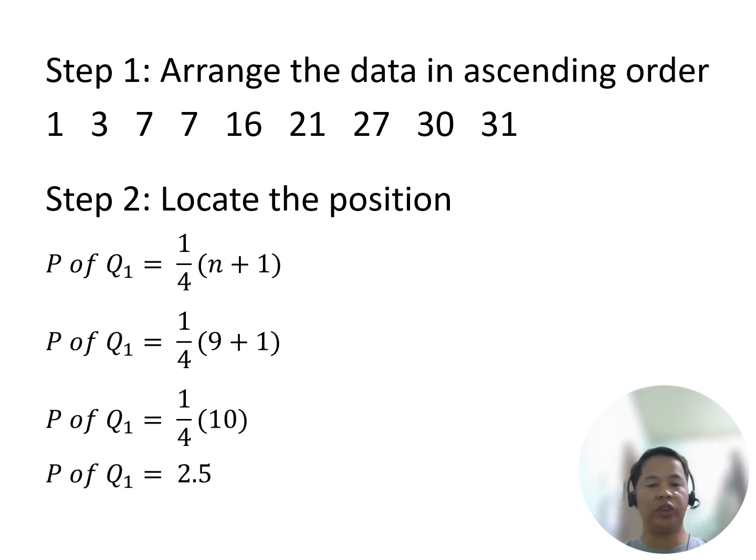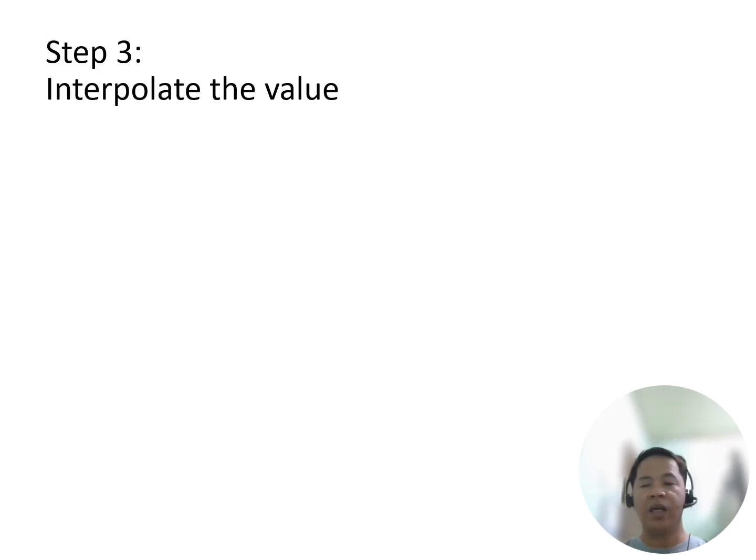Therefore, the position of the first quartile is 1/4 of 10, and that is equal to 2.5, or the position is between the second data and the third data. So since the position is a decimal number, we have to interpolate the value.